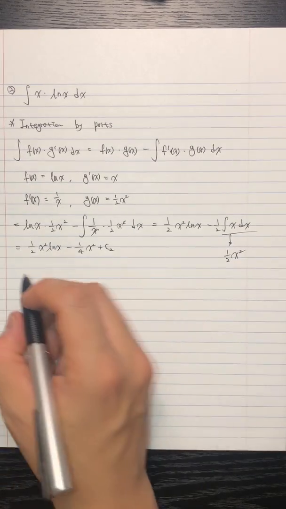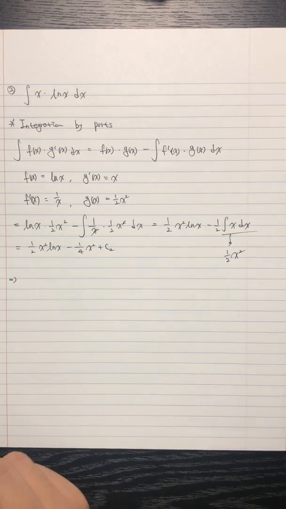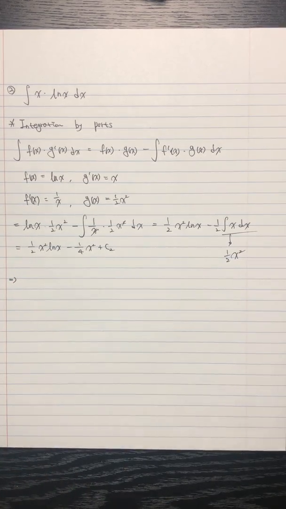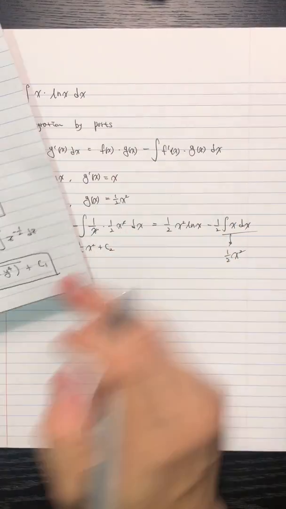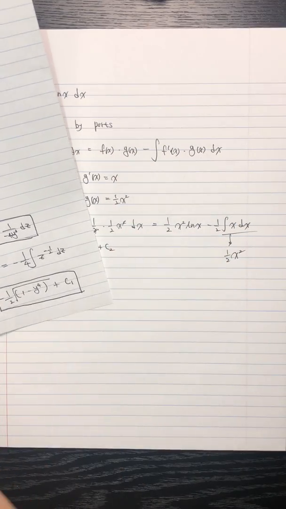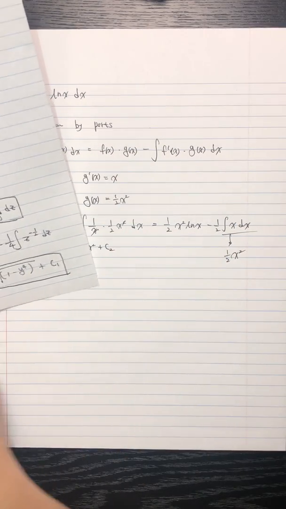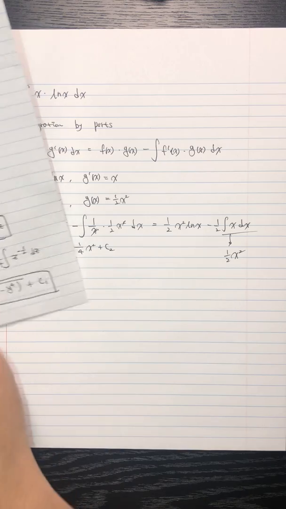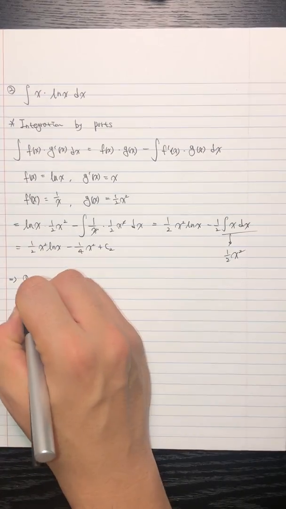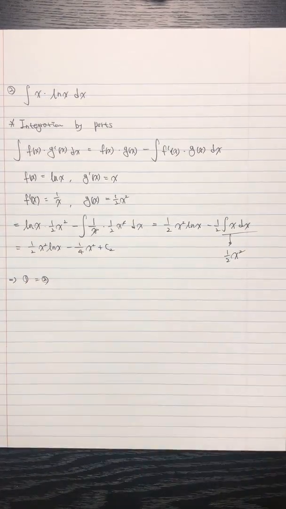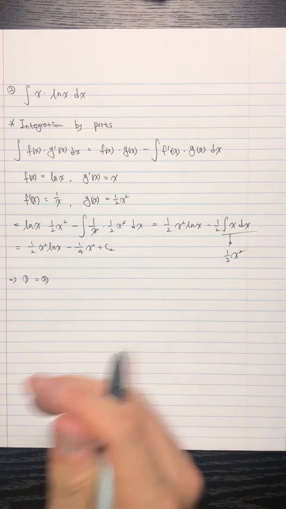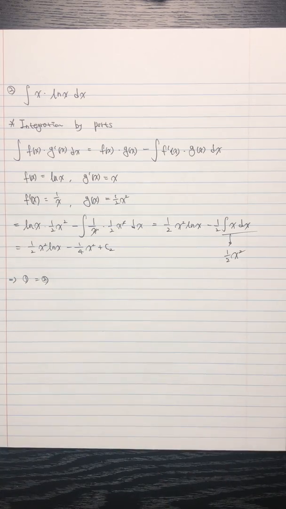So what about number 1? What is the answer of number 1? We can rewrite the whole equation like this: 1 equals 2. So what is the number 1 answer?